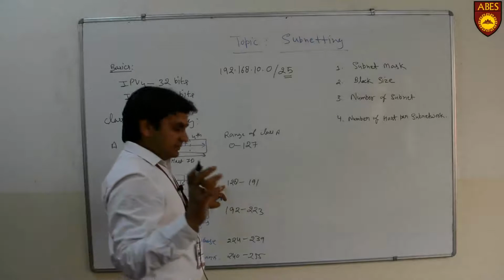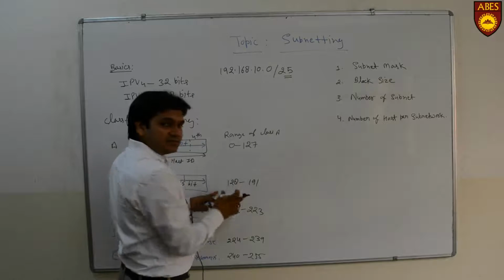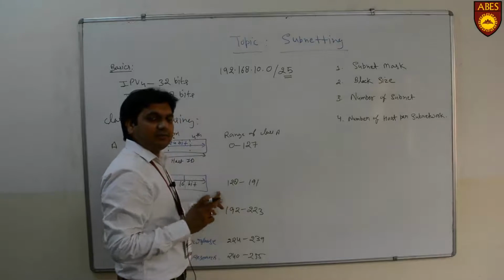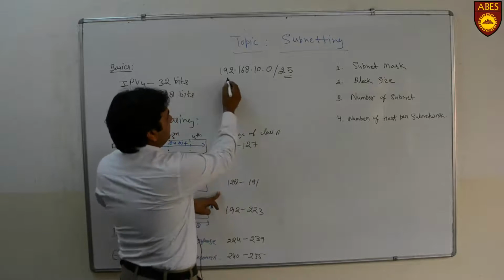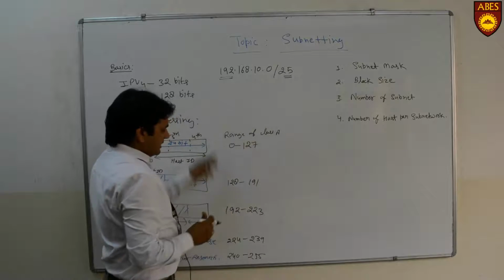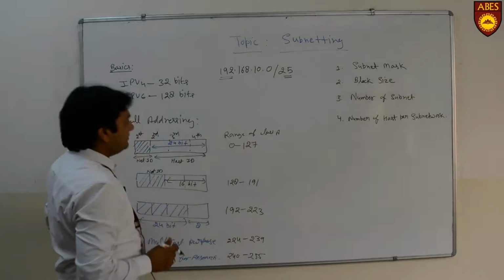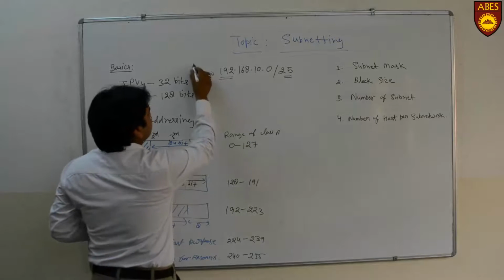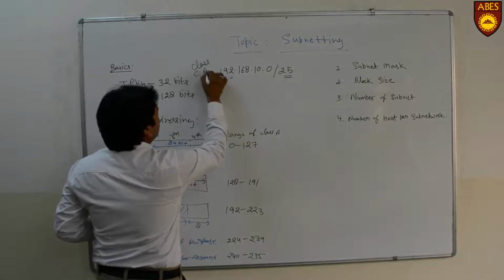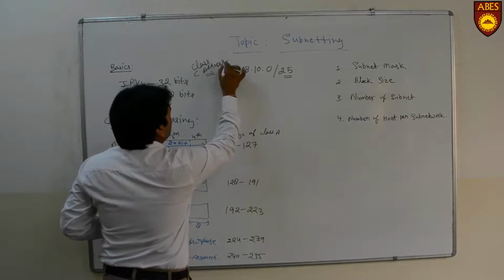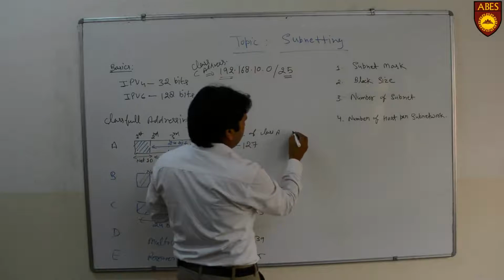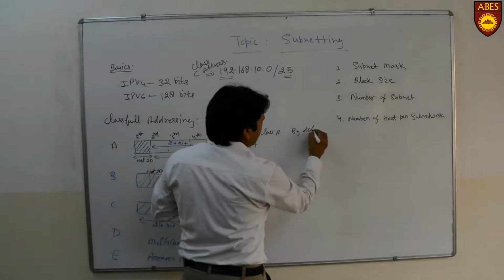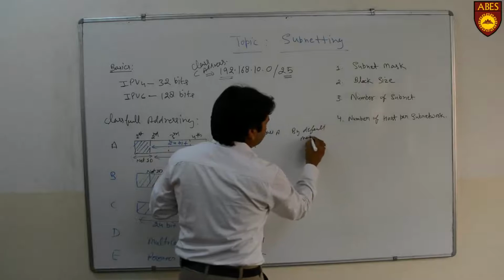So by seeing the number in the first octet, you can tell which class an IPv4 address belongs to. Suppose the first octet is 192; 192 comes in class C, so it is a class C address. Another important concept is the default mask number.